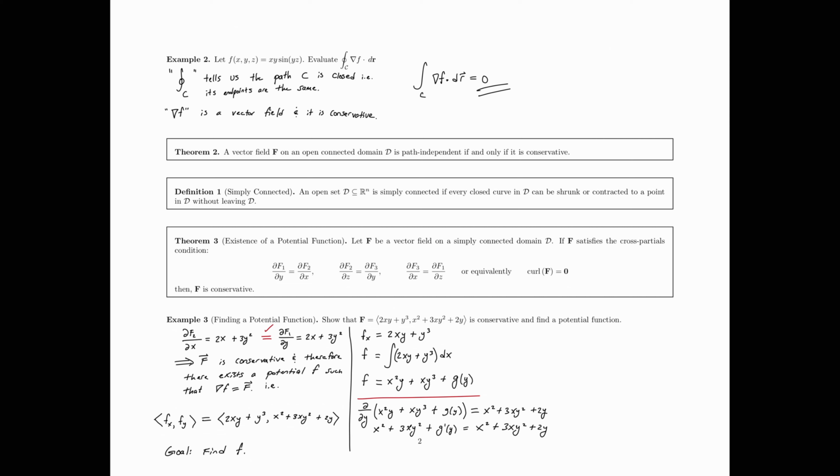Now look and see what cancels. We know this has to be true, so those cancel. These cancel. So let's move up here a little bit more.